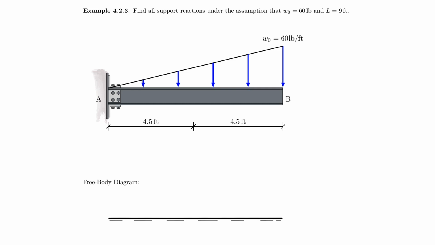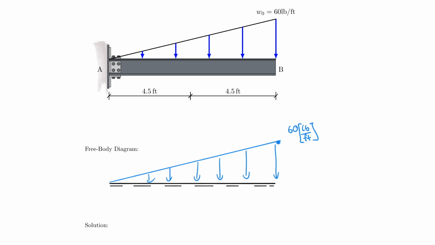So let's use this triangular force with 60 pounds per foot right here. So that only applies here at this location, 60 pounds per foot. And of course, I need to include my support reactions.